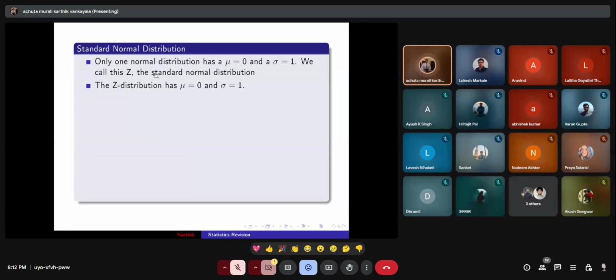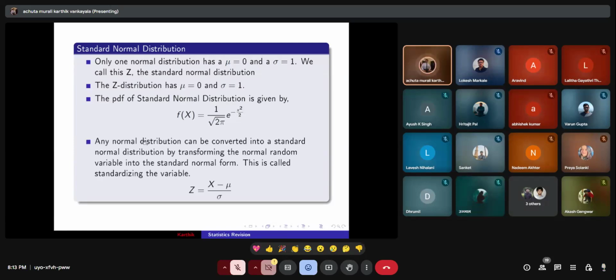We call this Z, and we name this the standard normal distribution. So the Z distribution has mean 0 and sigma 1, and if you substitute mu equal to 0 and sigma equal to 1 in the original equation, the PDF of the standard normal distribution you obtain is this: 1 by root 2 pi e power minus x square by 2.